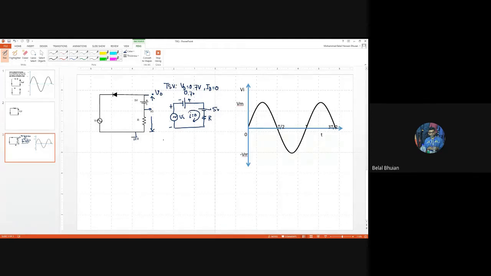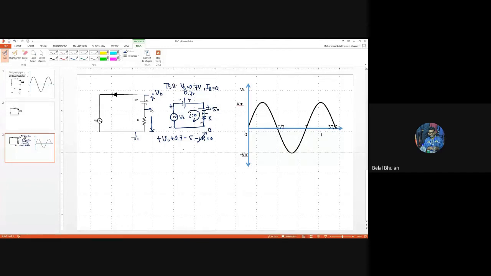If I apply KVL, plus Vi, because we are going from negative to positive, plus 0.7, again negative to positive, minus 5, minus IR, equals 0. However, we know that IR is equal to 0 because the current through the diode is 0.